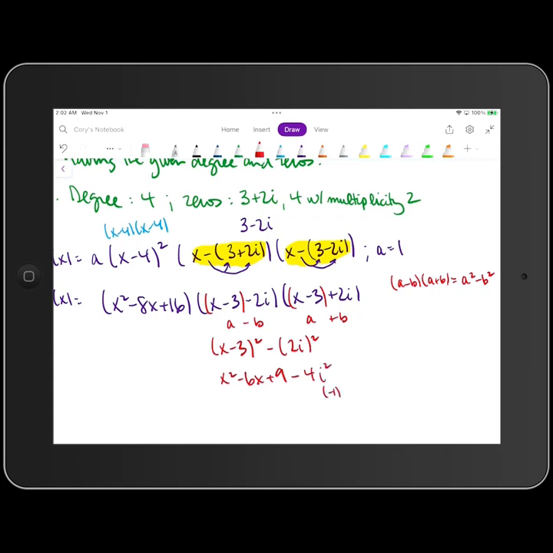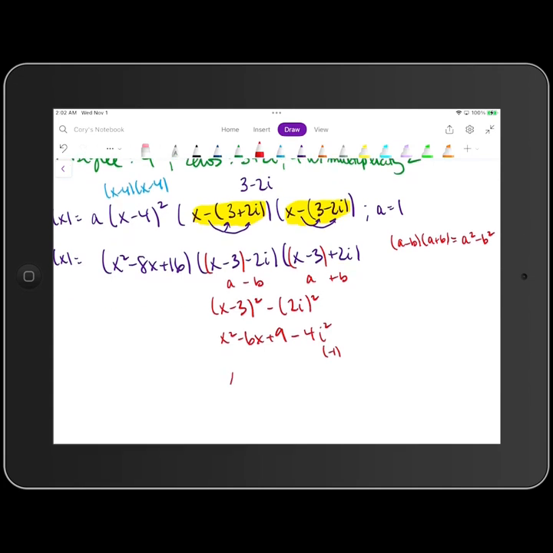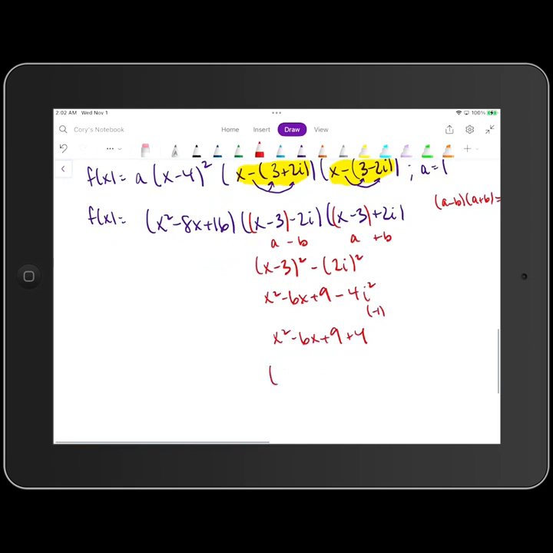We know that that's equivalent to negative 1. So this just becomes x squared minus 6x plus 9 plus 4. So that becomes x squared minus 6x plus 13. Okay, which we are multiplying by x squared minus 8x plus 16.